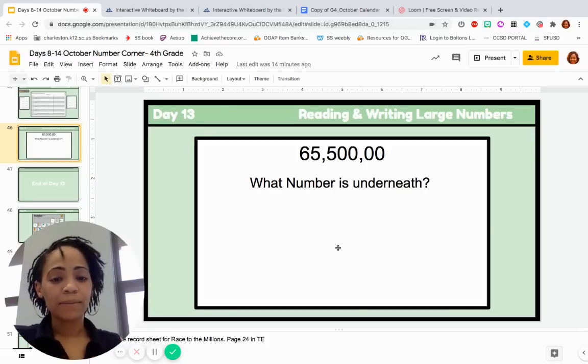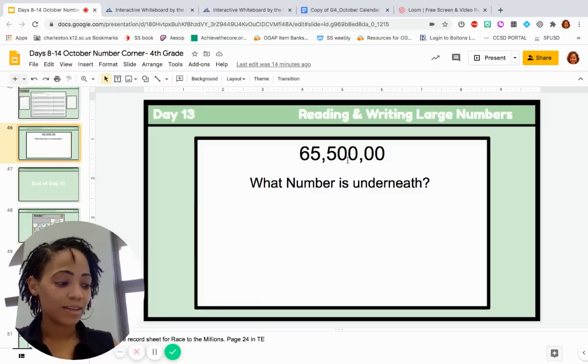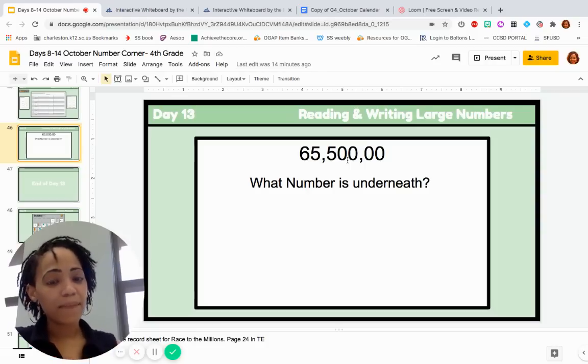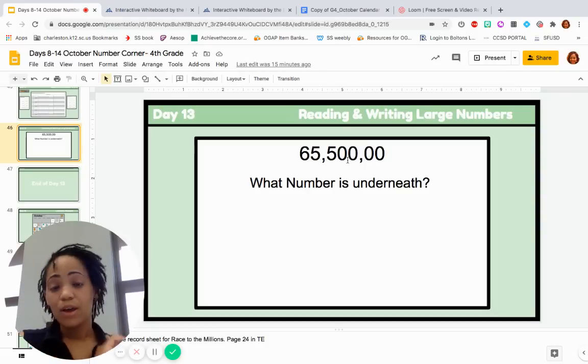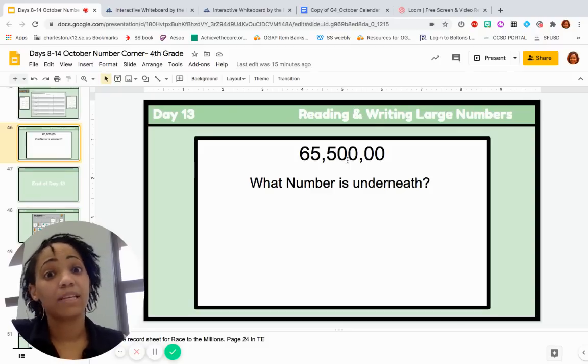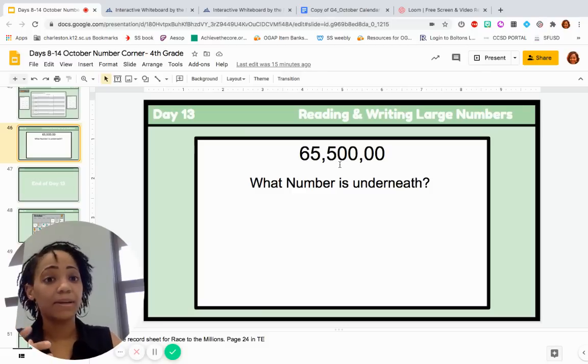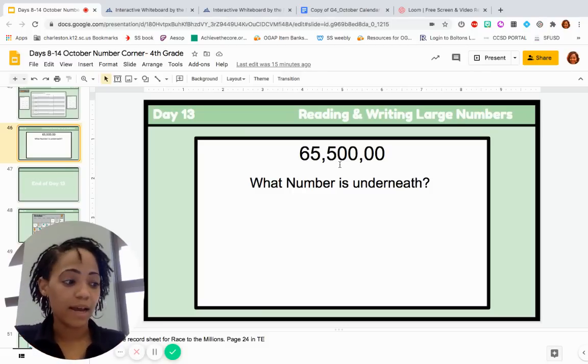I'm going to say it again, 65,500,000, right? Now, I want you to think that maybe scientists were able to come up with a more precise way to determine when dinosaurs became extinct, because this is a round number. So it's just an approximate time of when we think they may have died.